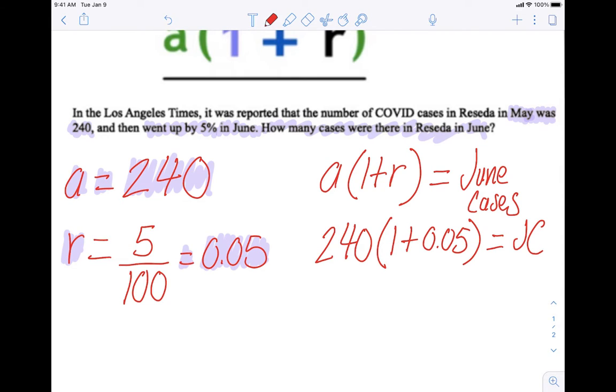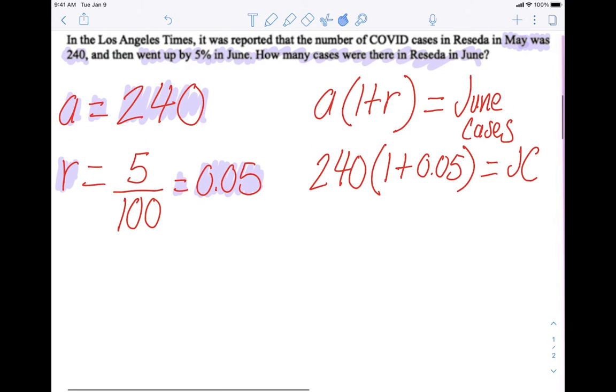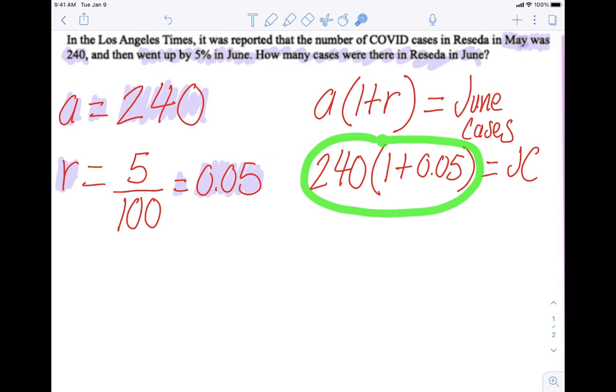So now I'm going to use my calculator and plug this in exactly the way I see it, with parentheses and all.